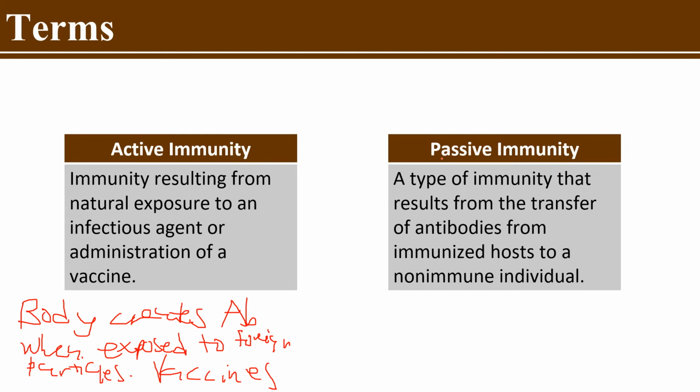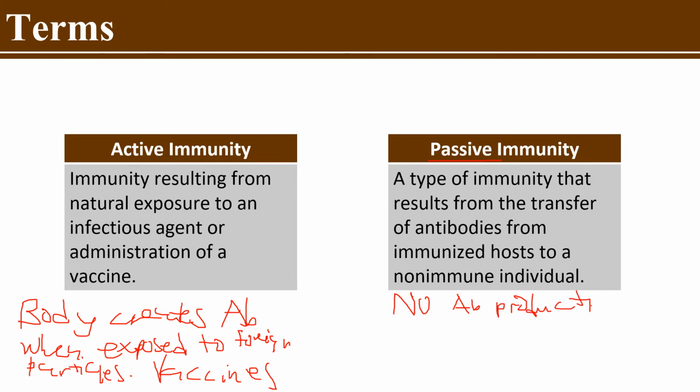While passive immunity class is a type of immunity that results from the transfer of antibodies from the immunized host to a non-immune individual. Basically, class, from the word passive, there is no antibody production.